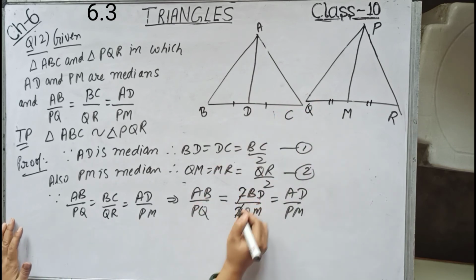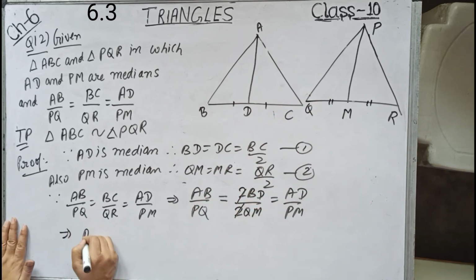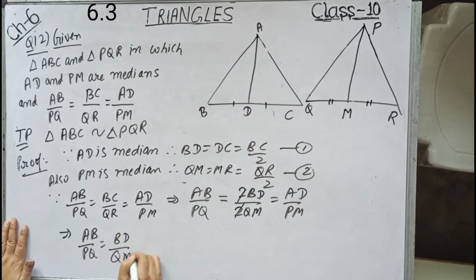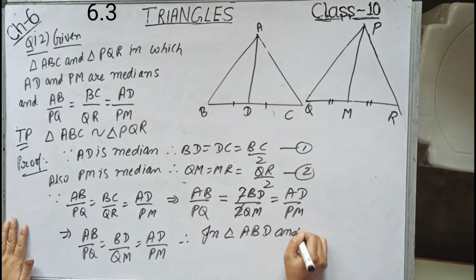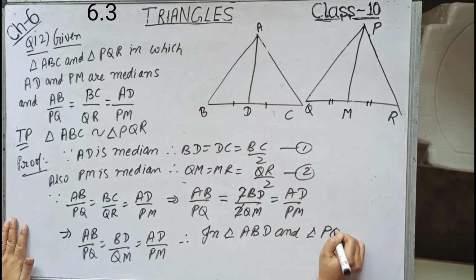Now this 2 cancelled. This implies AB by PQ equals BD by QM equals AD by PM. Therefore, in triangle ABD and triangle PQM, let us write directly.